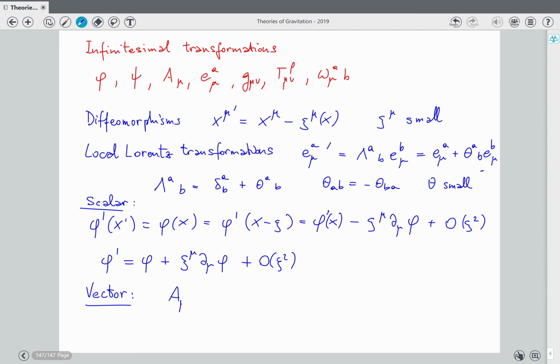A vector transforms with a Jacobian. And again, when you replace x prime with that, you have a mu of x minus xi, let's say rho partial a mu.